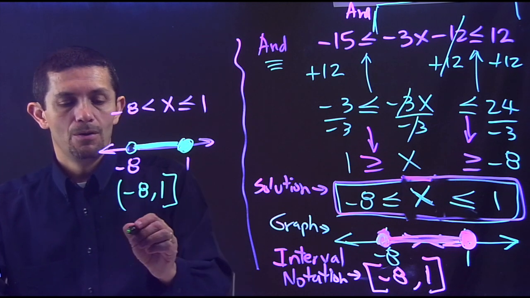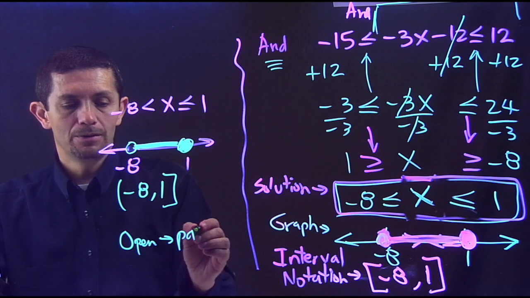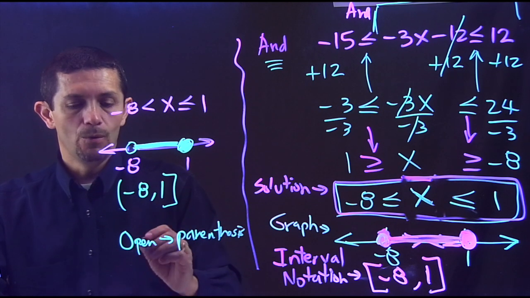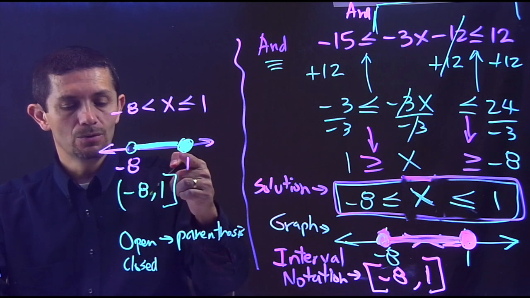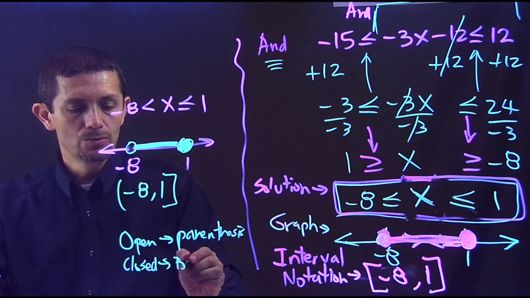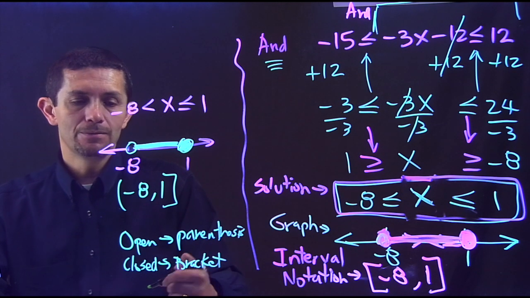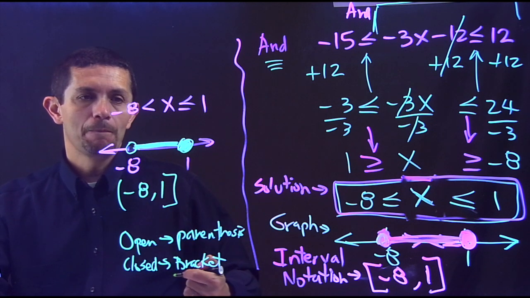So, when it's open, I put parenthesis. When it's a closed circle or shaded, I use a bracket. That goes for my interval notation. And that's it.